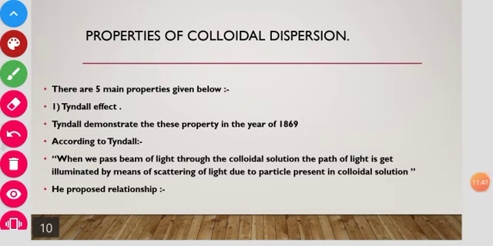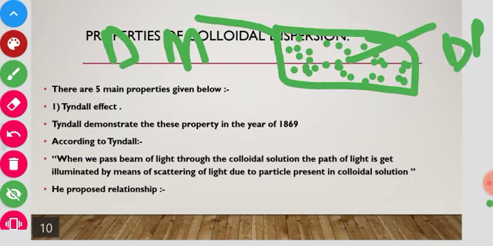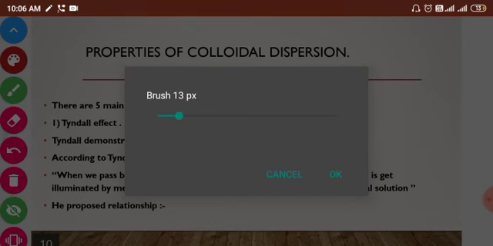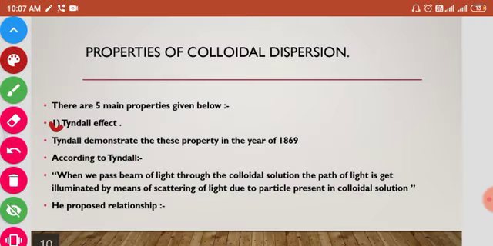So our next topic is the properties of colloidal dispersion. There are five main properties of colloidal dispersion given by various scientists. Our first property is given by the great scientist Tyndall in the year 1869. The property is known as the Tyndall effect.